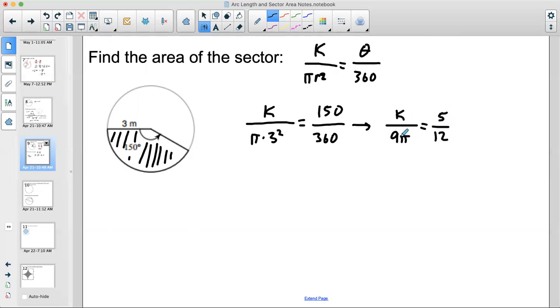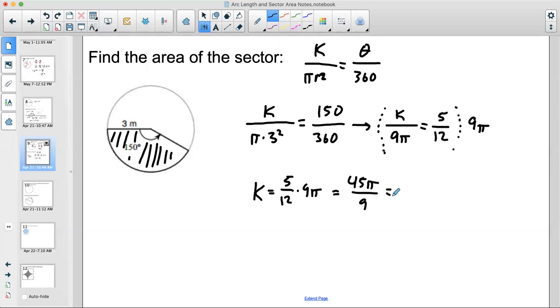And just like before, since the thing I'm looking for is divided by a number, I imagine multiplying both sides of the equation by that number. The 9 pi and the 9 pi cancel out, which was the whole point of doing it that way. And I get 5 over 12 times 9 pi. 5 times 9 is 45. So it's 45 pi over 12.